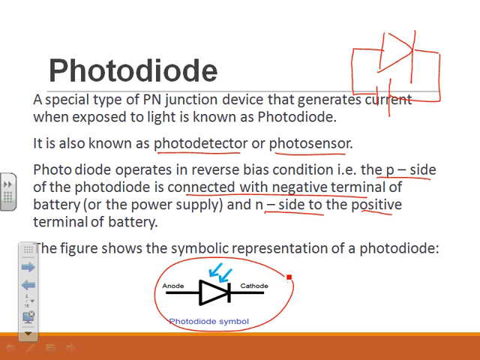From the symbol we can visualize that it's the symbol of a PN junction diode, but it operates with respect to light energy or electromagnetic radiation, so it is called a photodiode. This diode has all the properties of ordinary diodes, and can act as a switch, etc.